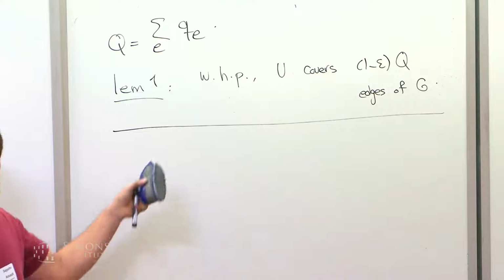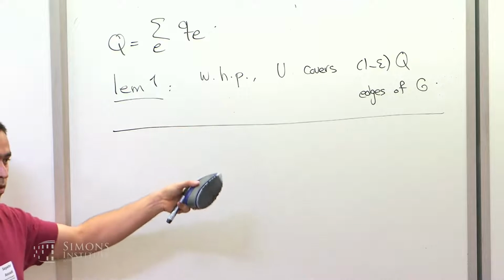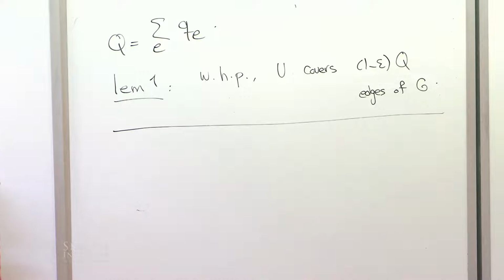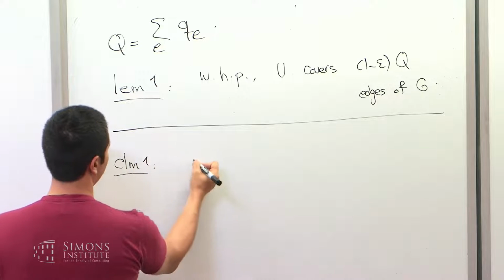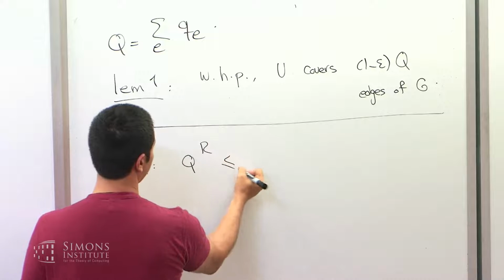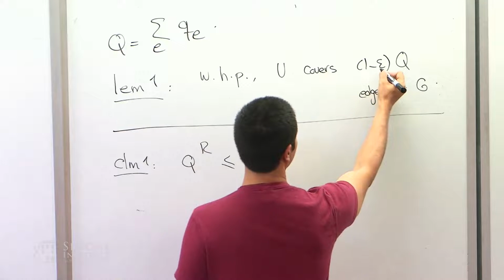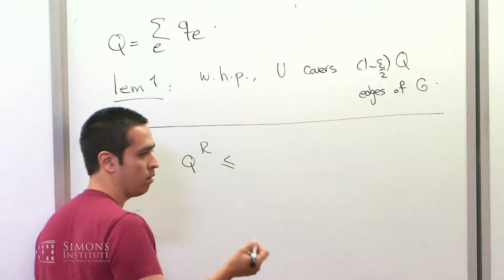But let me tell you why this finishes the argument if you just have that. So claim 1, U of R is less than, let me be a bit more relaxed and put 2 here.